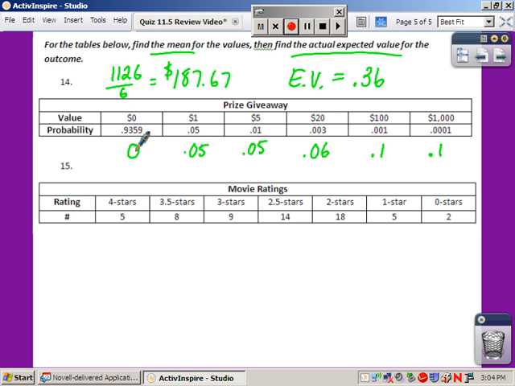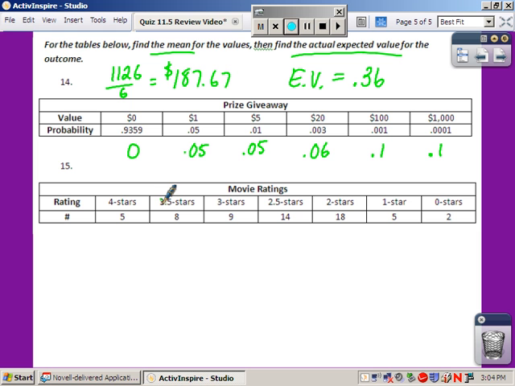Okay, so number 15 is the other style of problem. Number 15 deals with a frequency table rather than a probability. So it's basically the same idea. Take whatever it is on the top, and the first thing we're going to do is average them all up. So I have 4 plus 3.5 plus 3 plus 2.5 plus 2 plus 1 plus 0.